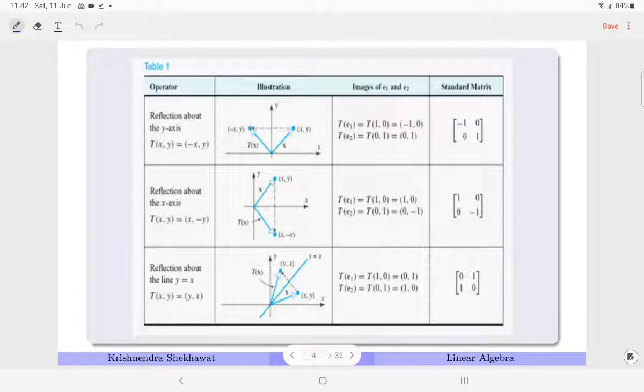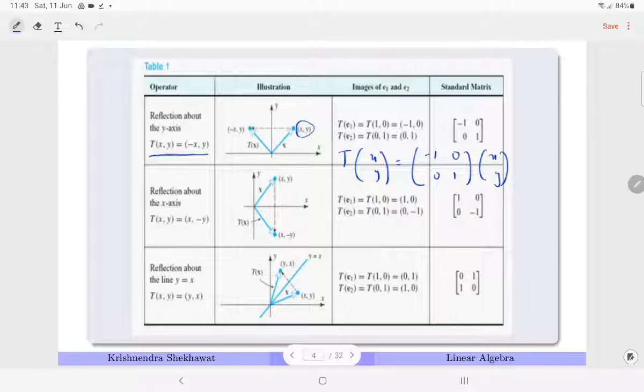So let us see this example, where we want to see the reflection of (x, y) about the y-axis. In that case, if I have to define a map, I should define it as T(x, y) = (-x, y), or I can say that T(x, y) should be the matrix [[-1, 0], [0, 1]] times (x, y).